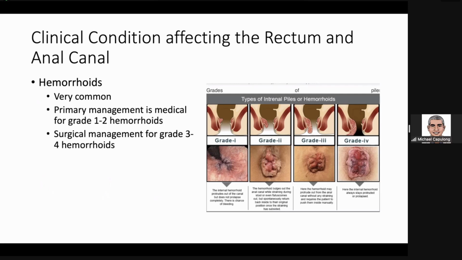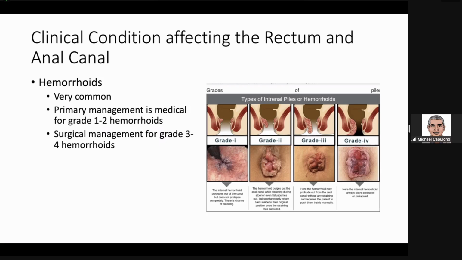Hemorrhoids are again commonly seen in individuals, both male and female. On the right, you see a diagram showing the different stages of the formation of hemorrhoids. Your hemorrhoidal venous plexuses are normally seen in the anal canal.